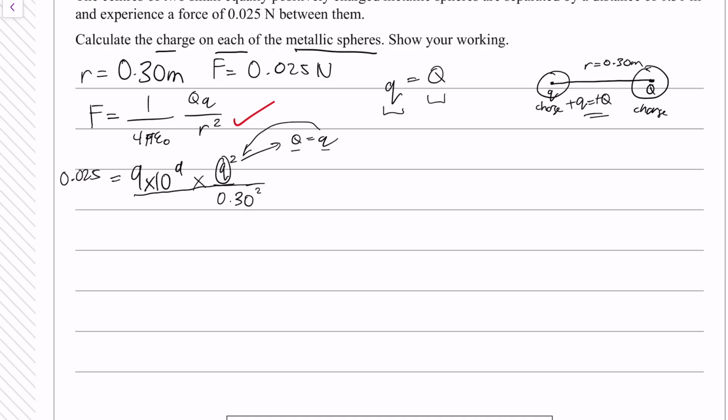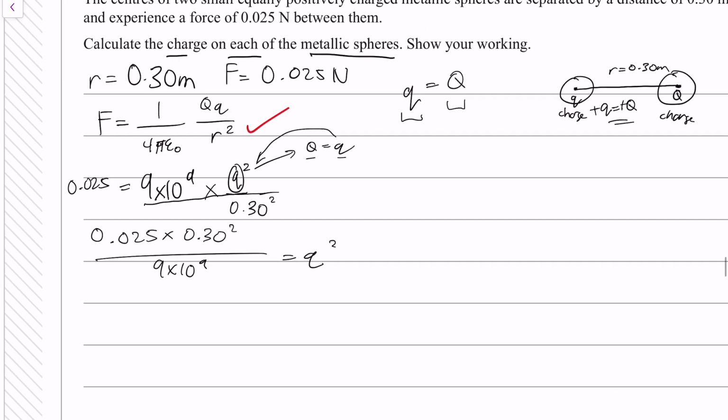So what we can do here is just get Q on its own. This involves a bit of transposing. Remember to be very careful with this. You have Q squared left, so you have to square root this entire thing to get Q on its own.